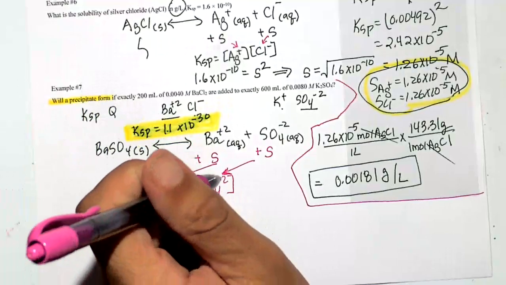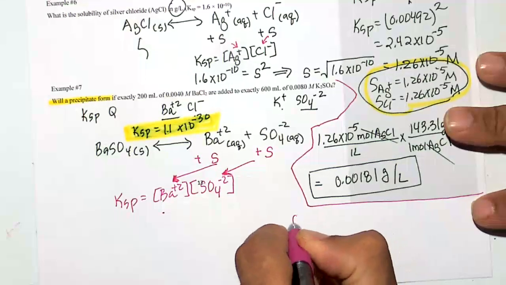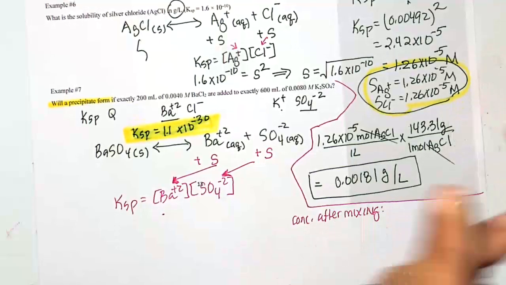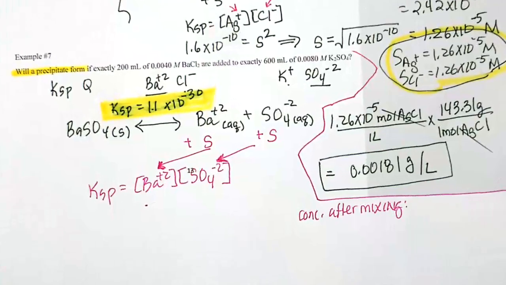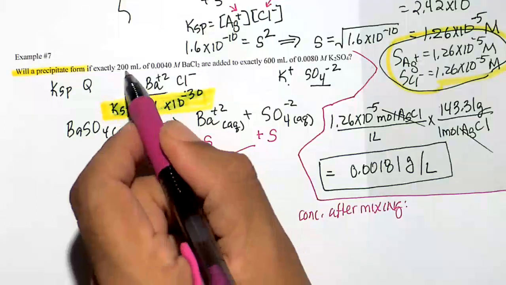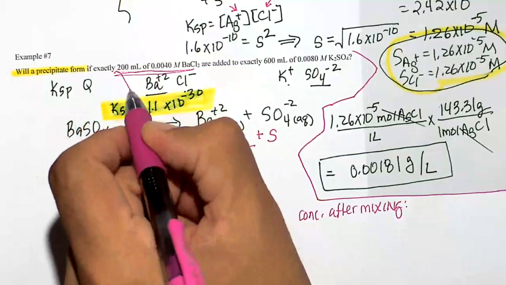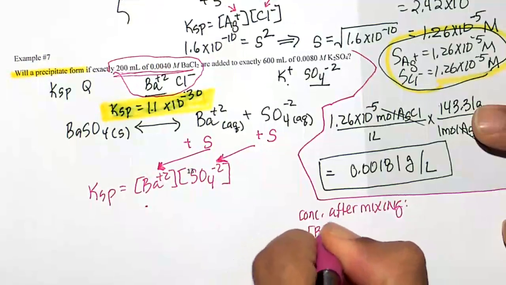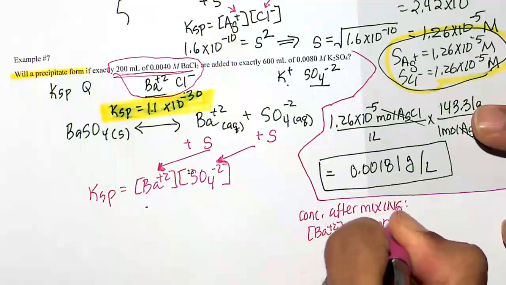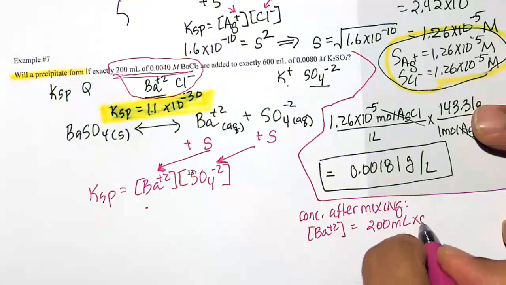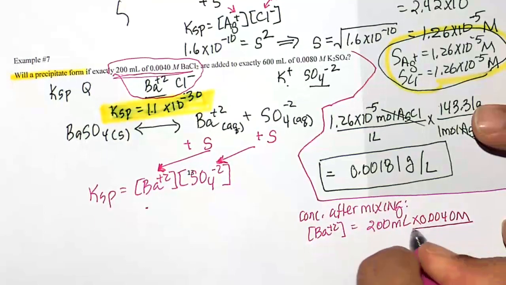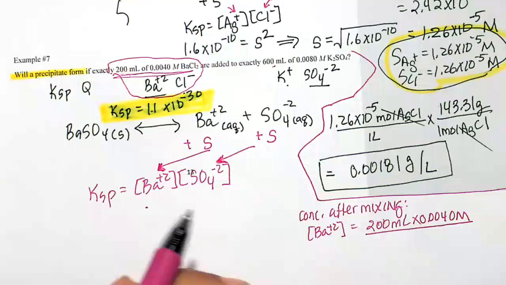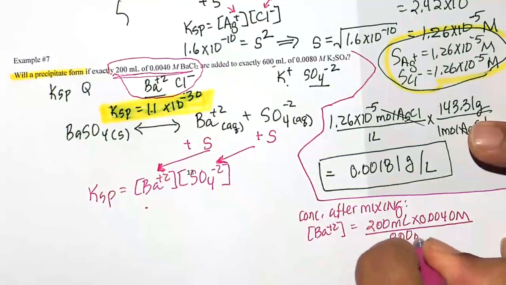Now when we mix these two, let's figure out what the final concentration is. I'm going to write here concentration after mixing. First we'll do the barium ion. That is 200 mL times 0.0040 M, divided by the total volume. 200 plus 600 is 800 mLs.